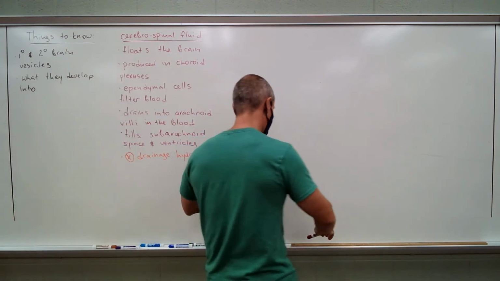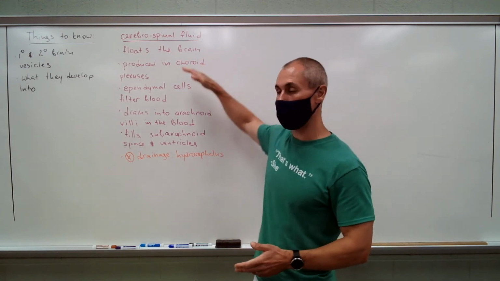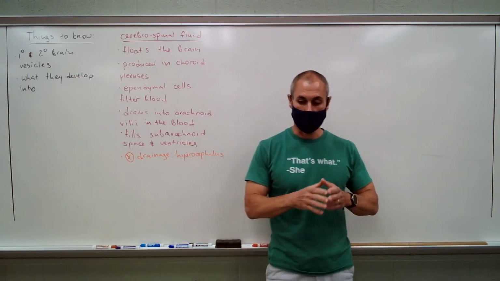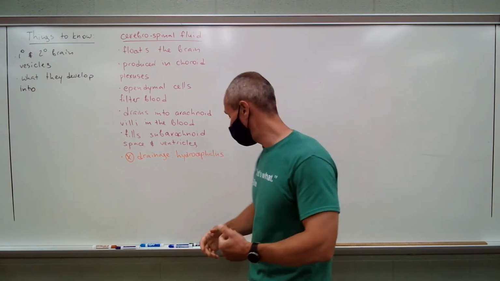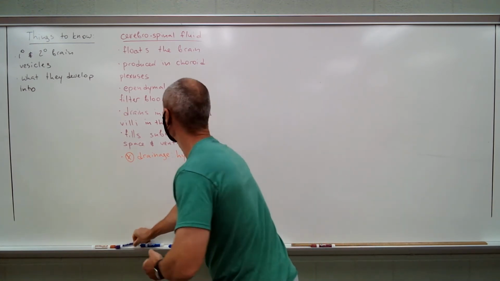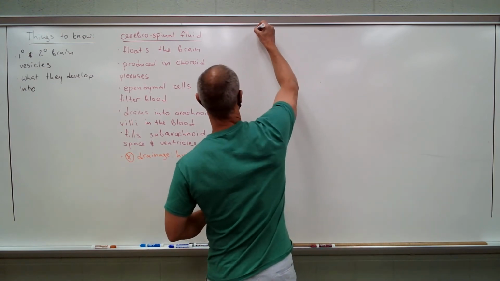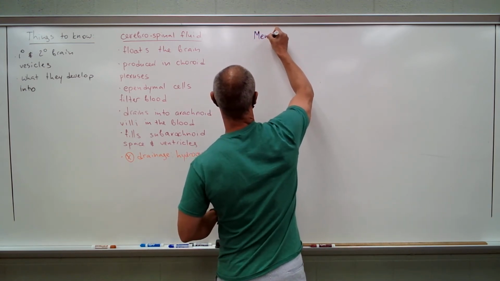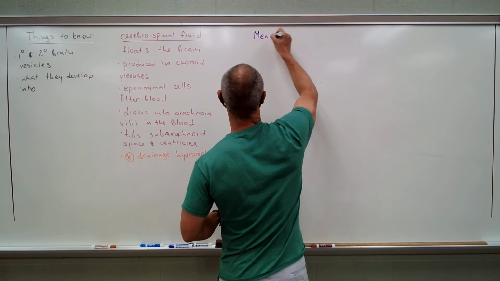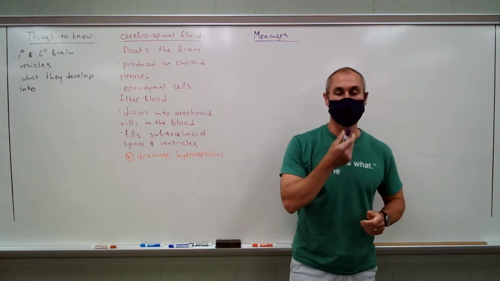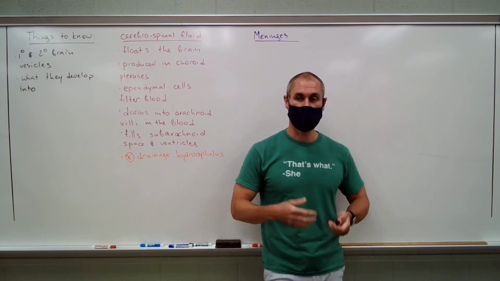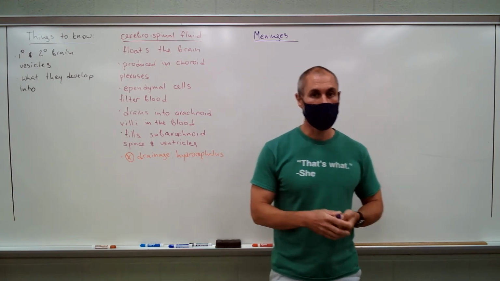I told you that a lot of these new terms will start making sense when we are talking about meninges, and this is what we're going to do now. Meninges are essentially layers of connective tissue that support and partition the brain.